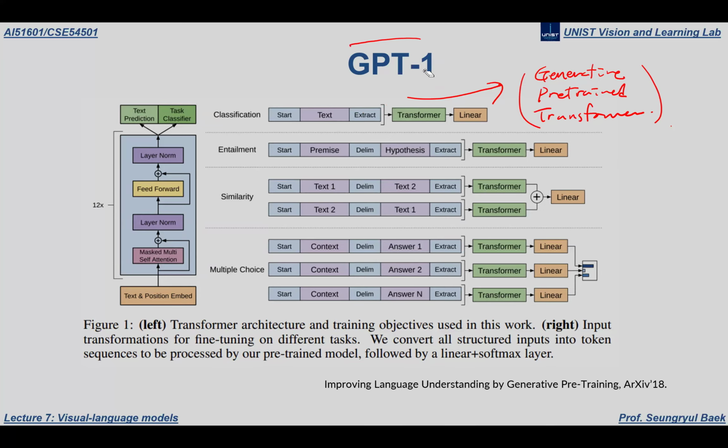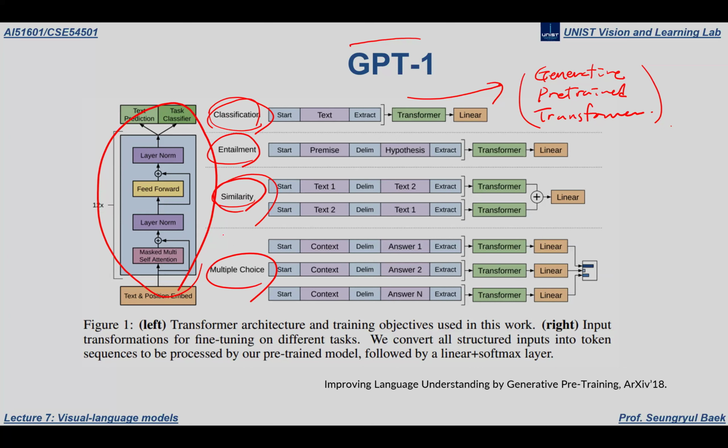Okay. And they use this type of transformer architecture as the basic unit. They proposed to process multiple tasks in natural language processing, such as classifying a sentence, measuring similarity between sentences, or solving multiple-choice problems from sentences.